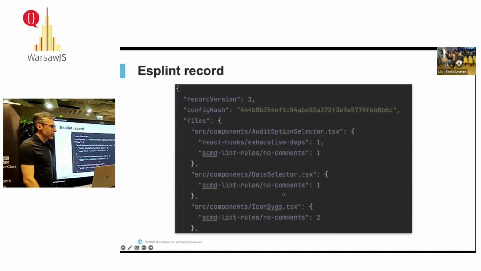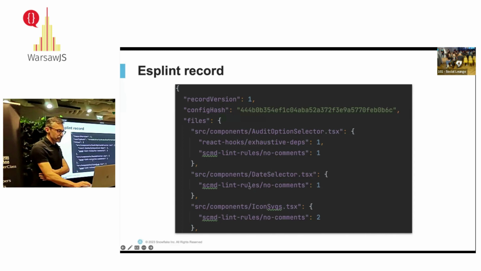So this record file looks something like this. For every file that has some violation, it remembers the number of rules that are generating warnings or errors. And it compares the record with the new state each time. This is what we use to not make things worse, right? To have some defined state.